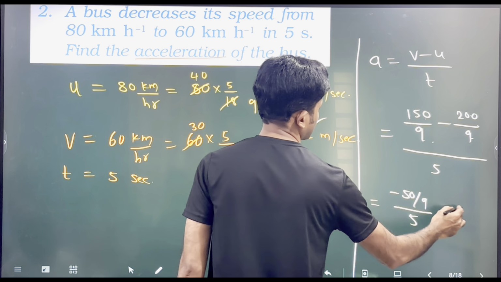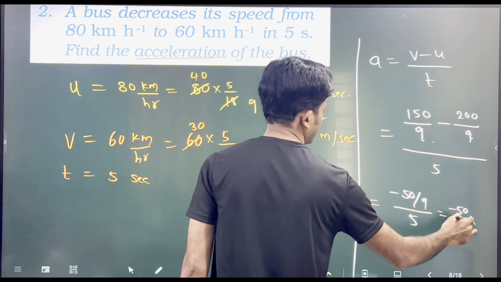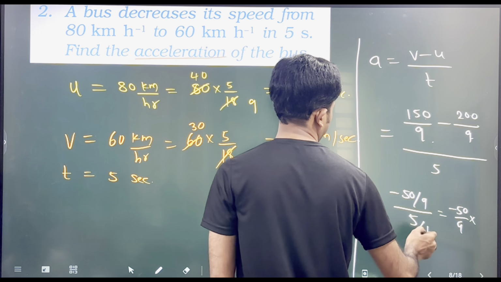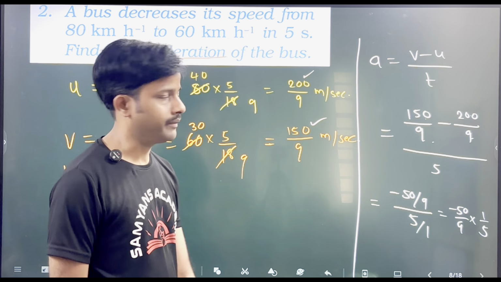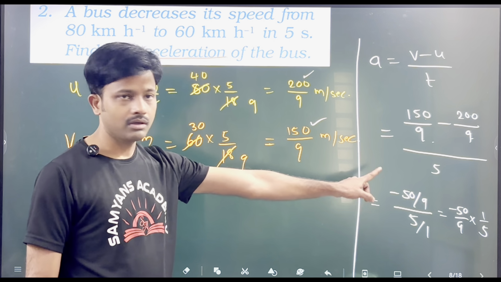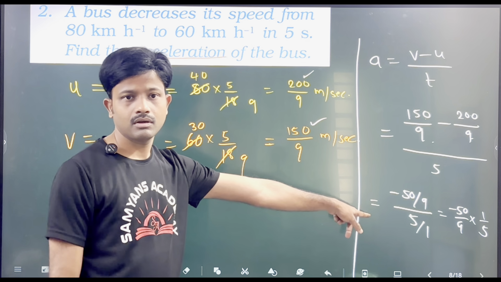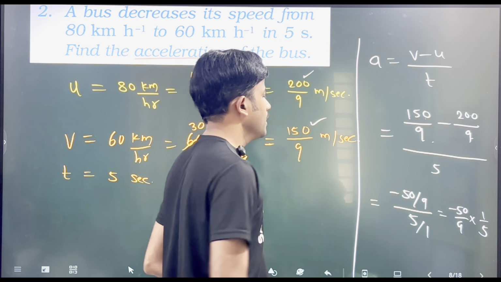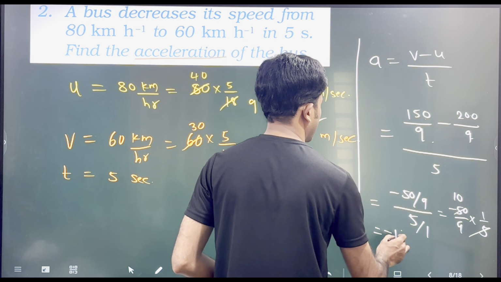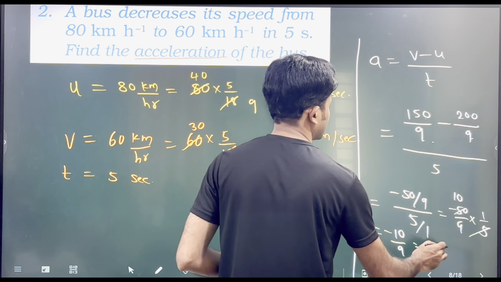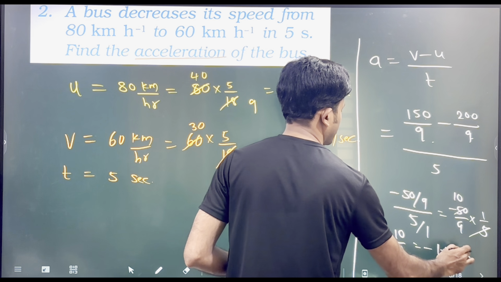So we can write minus 50 by 9 into 1 by 5. Is it visible here, these lines? Okay, right. So now 5 how many times is 50? 10 times. So minus 10 by 9, which is equal to minus 1.11 meters per second square.